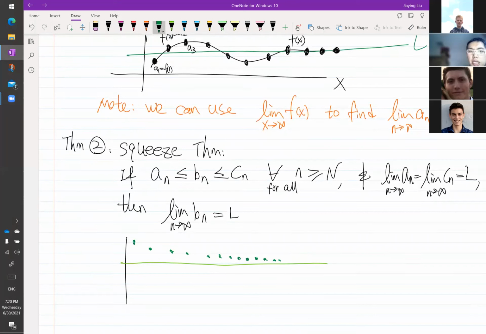Sorry, let's call it c_n. c_n approaches that limit L. And then the a_n is less than c_n for every n there, but it's also approaching the same limit, that L. And the b_n is a sequence that for any n is always between the a_n and the c_n. So b_n is in the middle. So b_n could be like this.